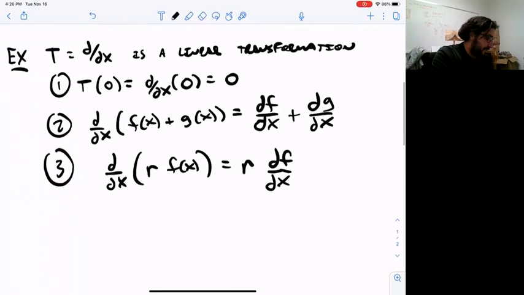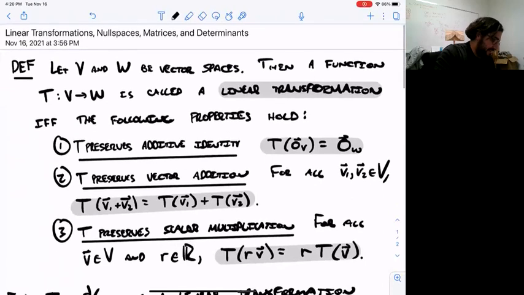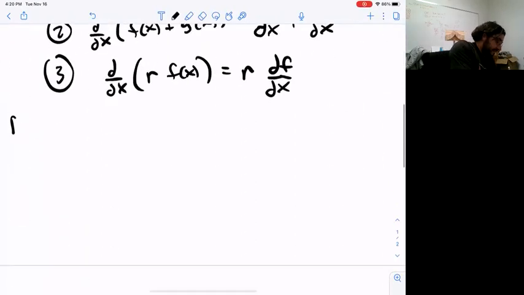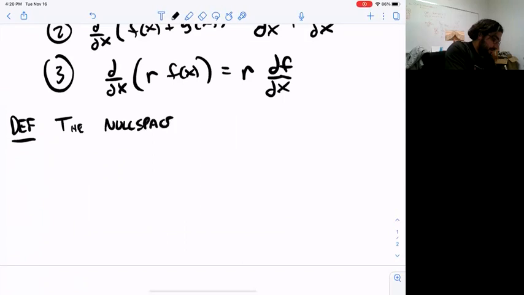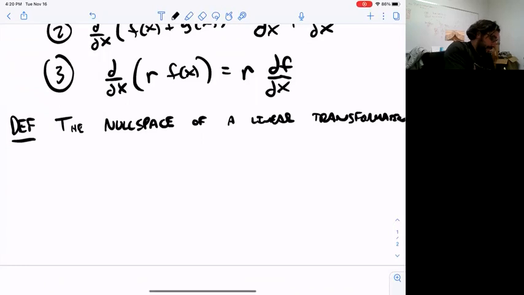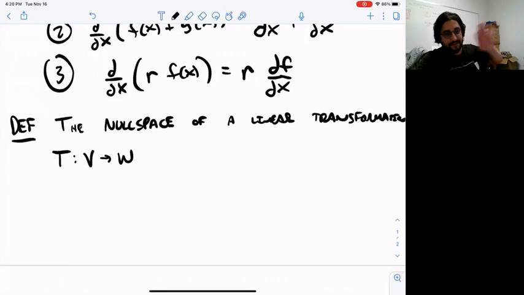Now, what I want to do is follow up with, in my title here, null space. Let's look at the definition of null space. So the null space of a linear transformation T. So we're given a linear transformation T, so we're implying here that V and W are vector spaces, right?